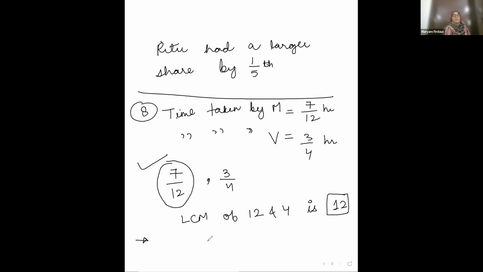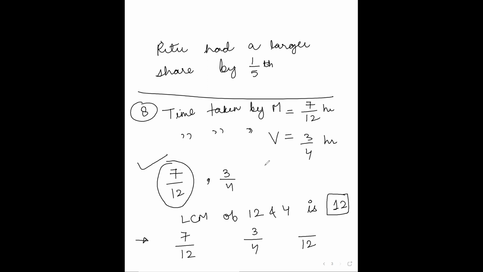So the same thing you will do here. But first we need to find out which is the bigger one, right? For that, we have to make both the denominators equal. Otherwise, how will we compare? So 7 by 12 is fine, we won't do anything about that. But the other one, 3 by 4, we need to make the denominator 12. 9 by 12. Very good, because multiplied by 3.